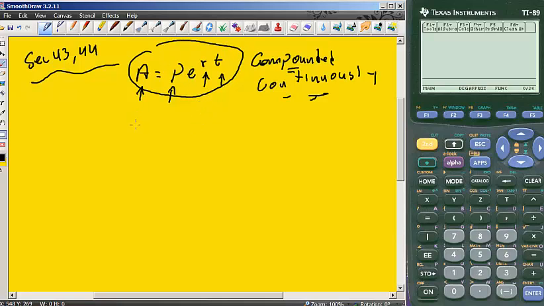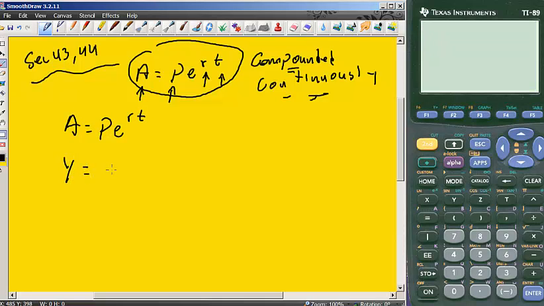The same formula where you have A is equal to P-E-R-T changes to Y is equal to C-E-K-T. There's no difference, we just change the letters.